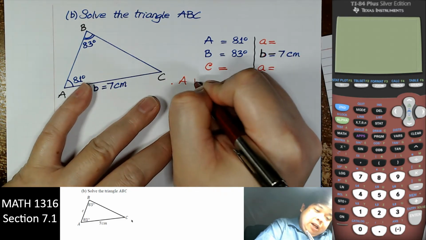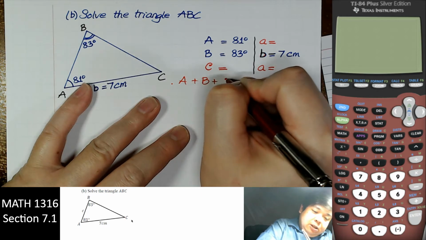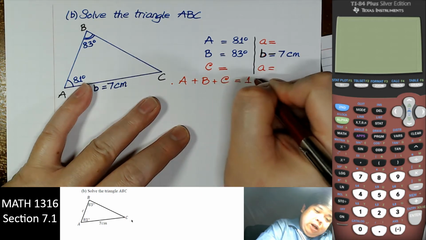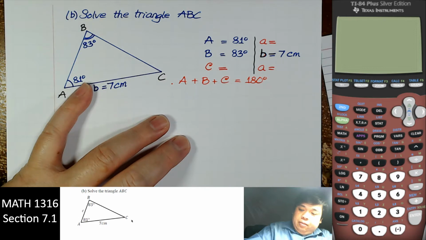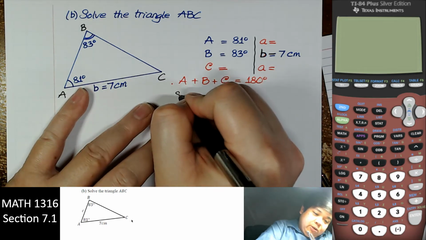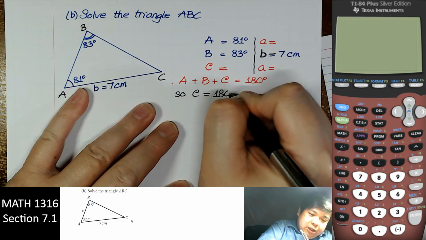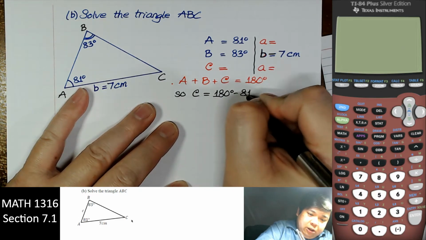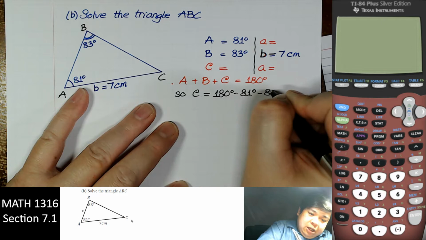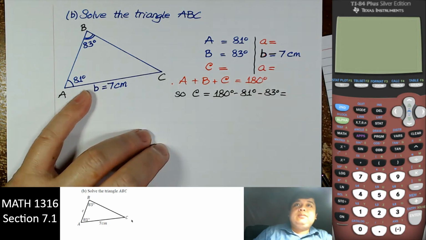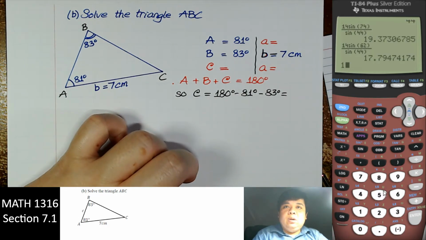So A plus B plus C, 180 degrees. So we find angle C: 180 minus 81 minus 83.